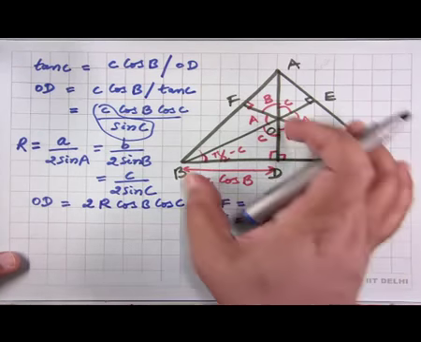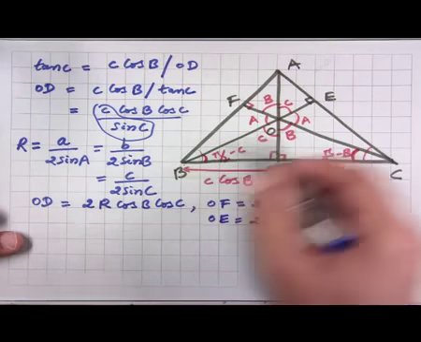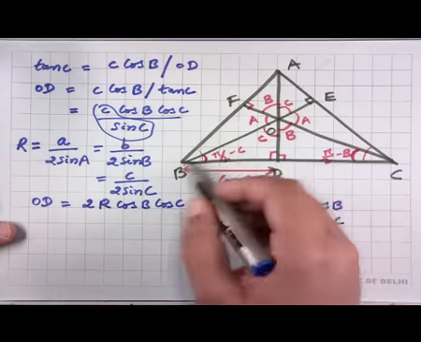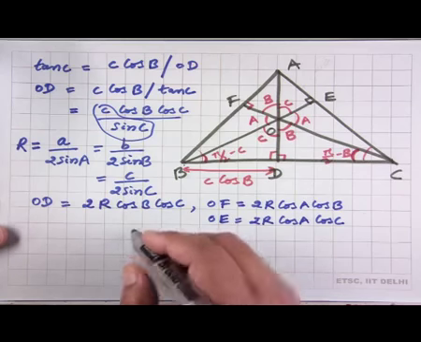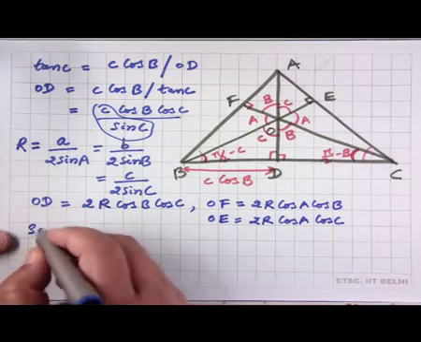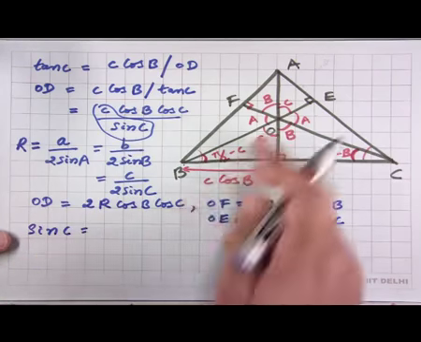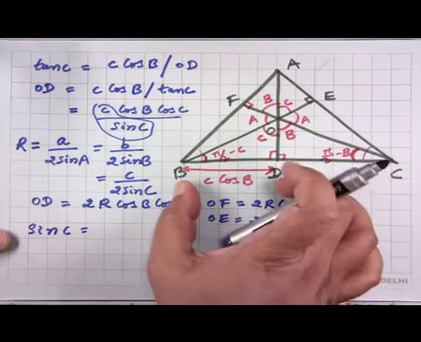Now, for these lengths OB, we again have to consider the right angle triangle BOD, and in this right angle triangle BOD, what we see is that sine of the angle C is equal to BD divided by OB.